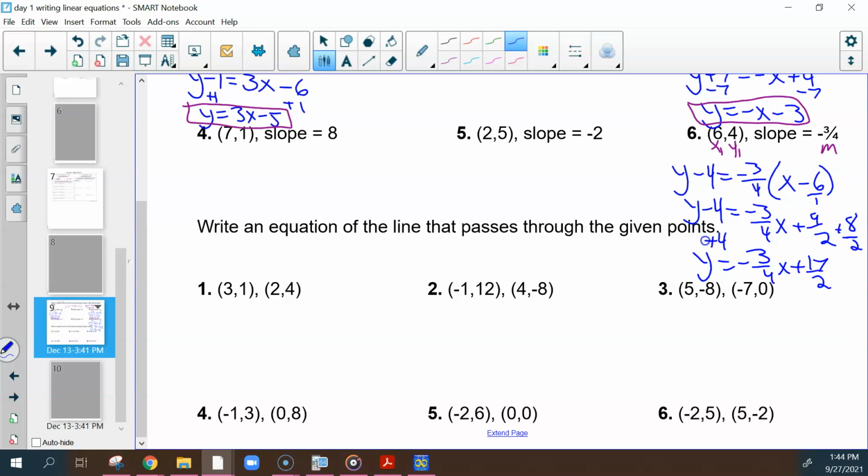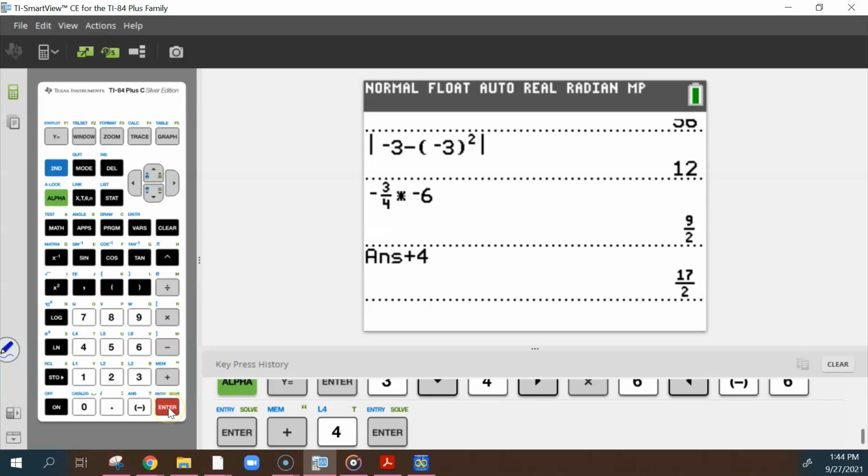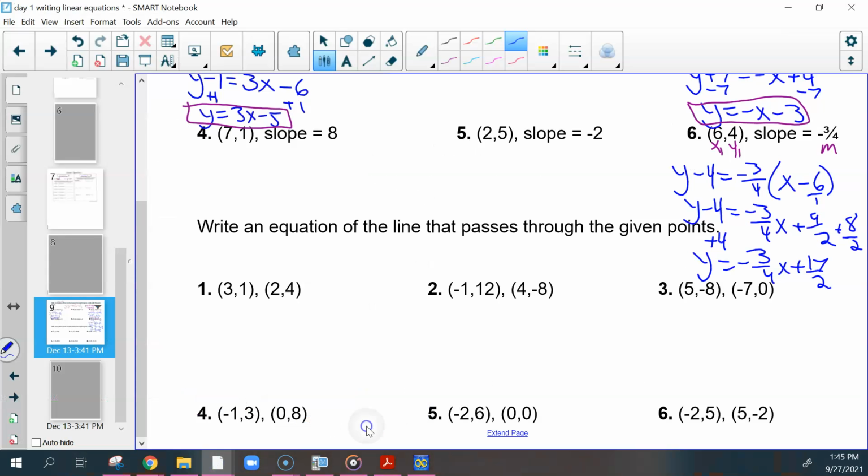But if you had your calculator, you could also put that into that. And you'd get the same thing. So y equals negative 3/4 x plus 17 over 2, or 17 halves, would be that final answer.